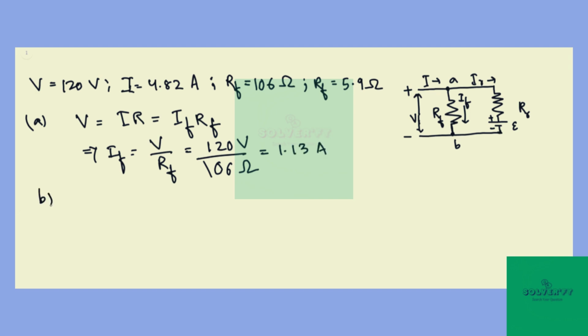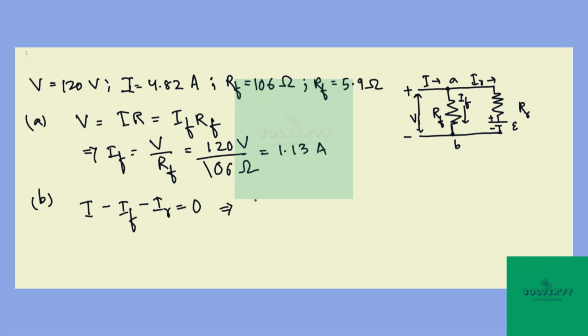For part B, we apply the junction rule to point A, and it gives I minus IF minus IR equals 0. So this current I is basically splitting into two branches, two components we can say, that's IR and IF.